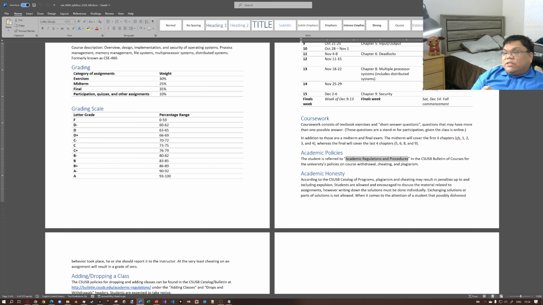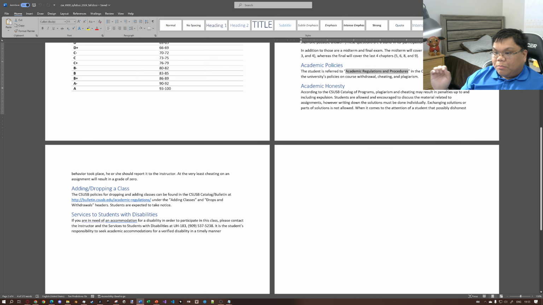Because according to the CSUSB catalog of programs, plagiarism and cheating may result in penalties up to and including expulsion. You're encouraged to discuss the material related to assignments, but writing down the solutions must be done individually. Exchanging solutions or parts of solutions is not allowed. If it is certain that possibly dishonest behavior took place, that should be reported to the instructor. At the very least, cheating will result in a 0 on that assignment.